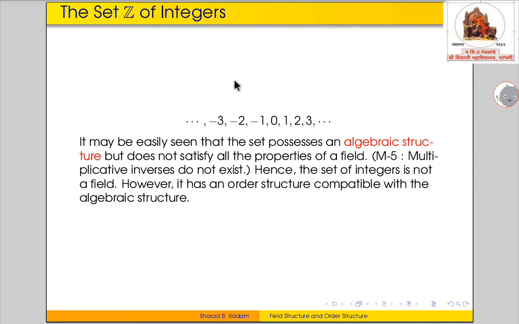For example, if we choose 5, then its multiplicative inverse will be 1 by 5. So 5 into 1 by 5 equals 1, but 1 by 5 is not an integer. This set of integers has an order structure compatible with the algebraic structure.